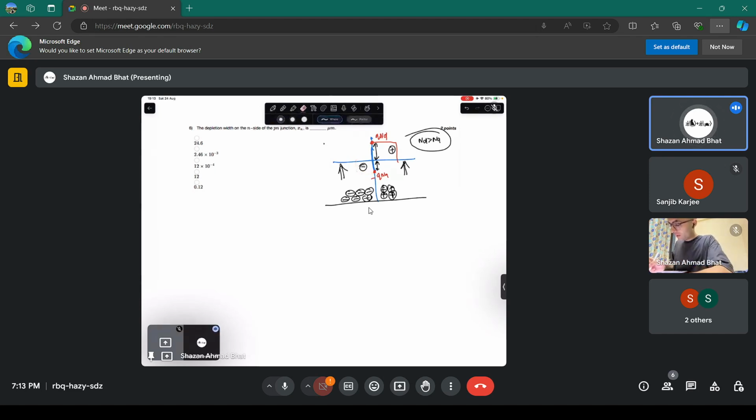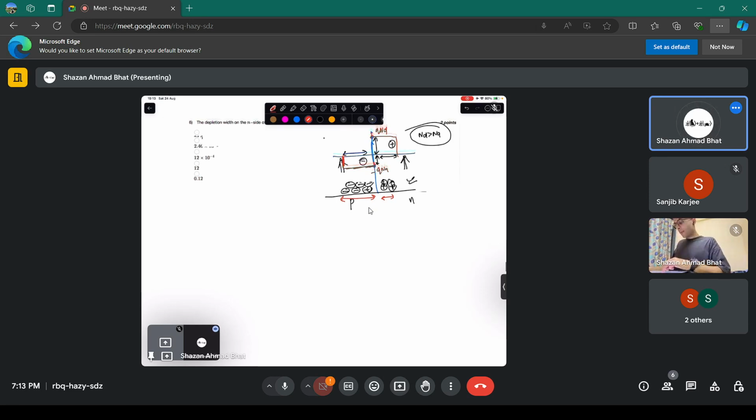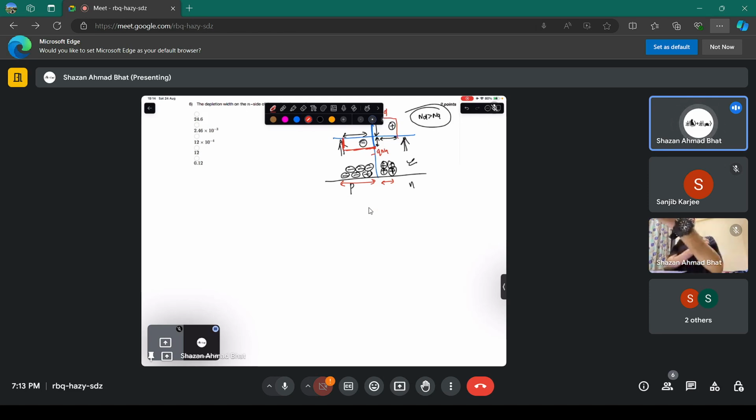So rather I should show it like this. It is less, but it is spread more here. This thing is more, this thing is less. You have to take care of the space as well as the y-axis. So we know that this is the n side, this is the p side. The space charge region will be less penetrated towards the N side and more penetrated towards the P side, because of maintaining space charge neutrality.